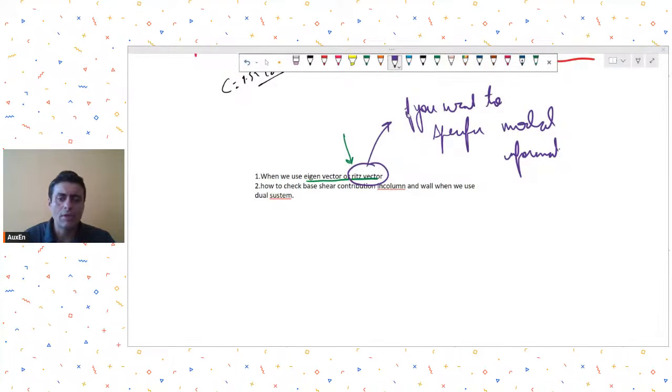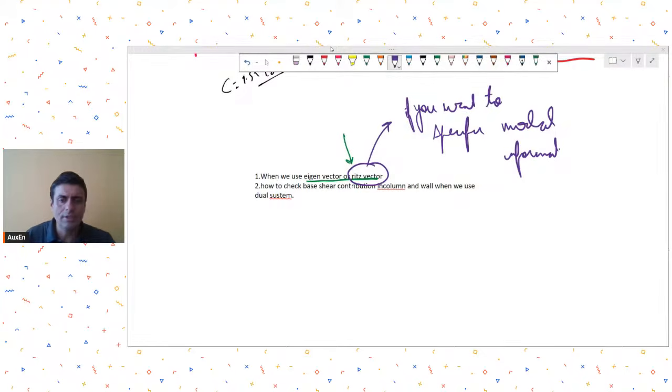For example, if you wanted only those modes which are contributing, let's say, more than 10%, or more than 15% of mass participation, and you run a Ritz analysis, so as per your specific requirement, it will only extract those modes. This is my understanding.